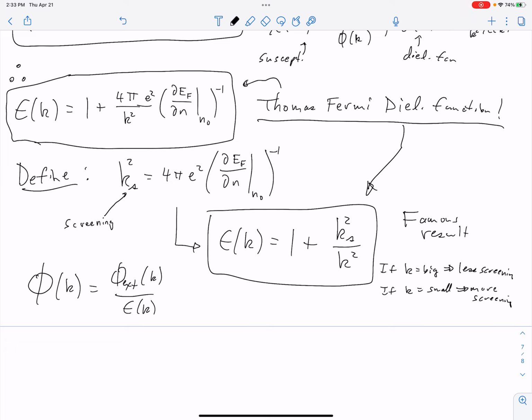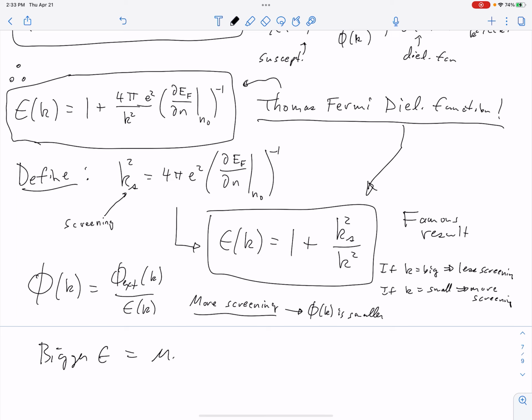And so more screening means that phi is smaller. So basically, the more you screen, the bigger epsilon is. Bigger epsilon equals more screening. That's the key thing.